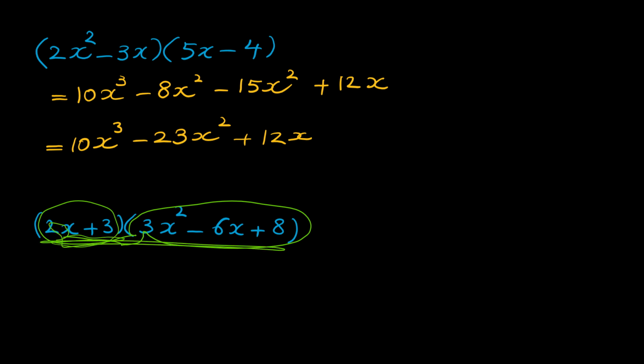Follow the same method. Multiply the first term in each term here, then move to the next term and multiply these three in each term here.